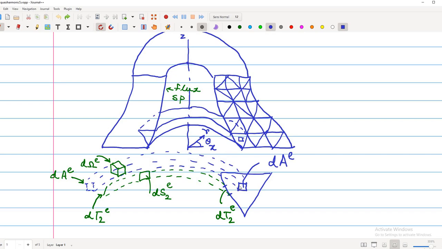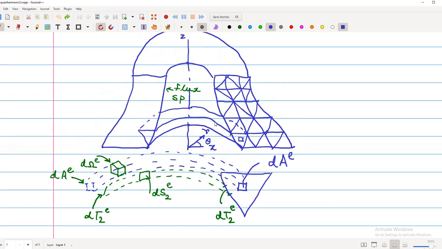So d omega e is dAe into r d theta. This is r d theta, and this cross section is dAe. So this volume is r d theta into dAe, and dAe means dx dz. So this is r dx dz d theta.